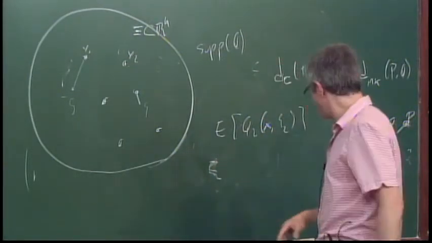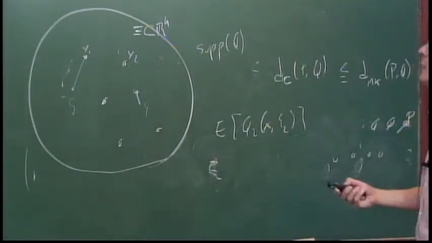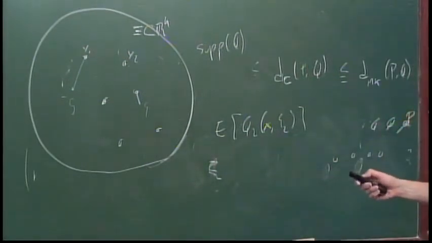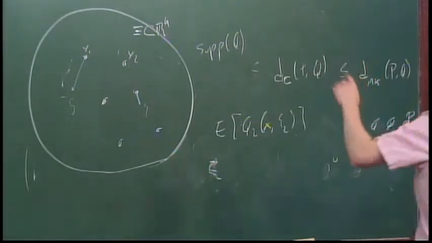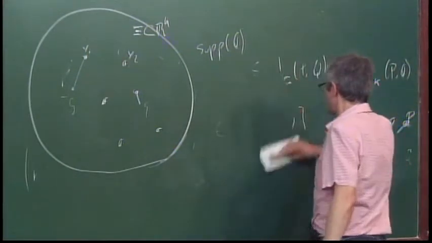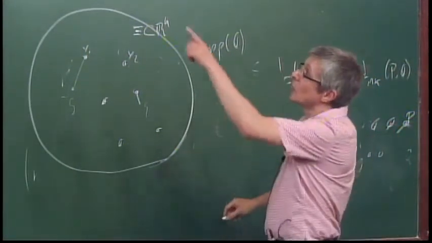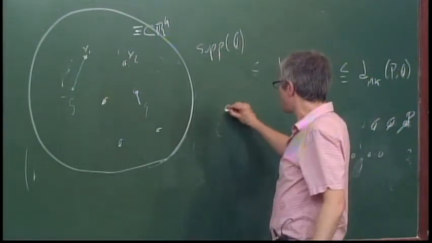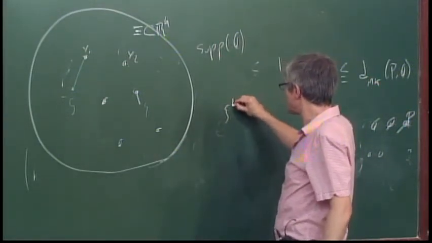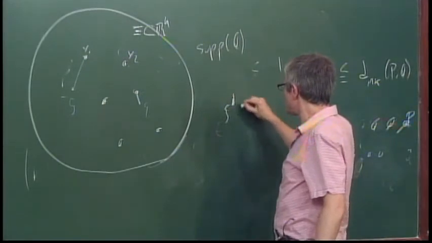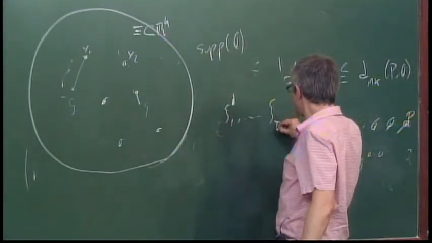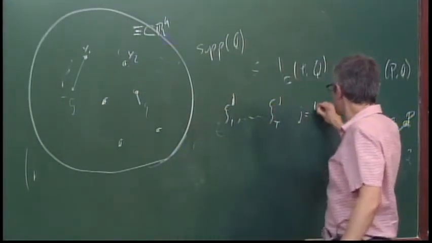Or in fact, it might be easier to think of it in this formulation. I can just take a sample of the xi1s, xi1 up to xtj, for j from 1 to n.